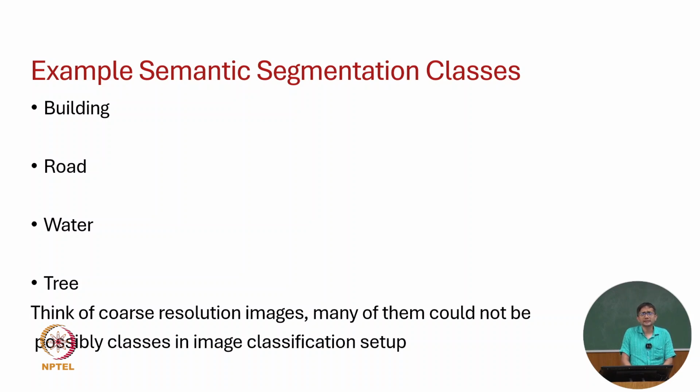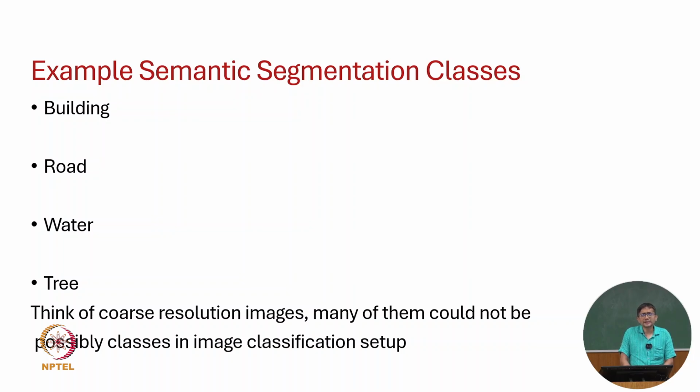Even in that case, many of these classes possibly could not be a class in the classification sense. Let's say we are talking about urban scenes only, and rarely would it happen that the road is so big that this is the dominant class in the entire given image, right?